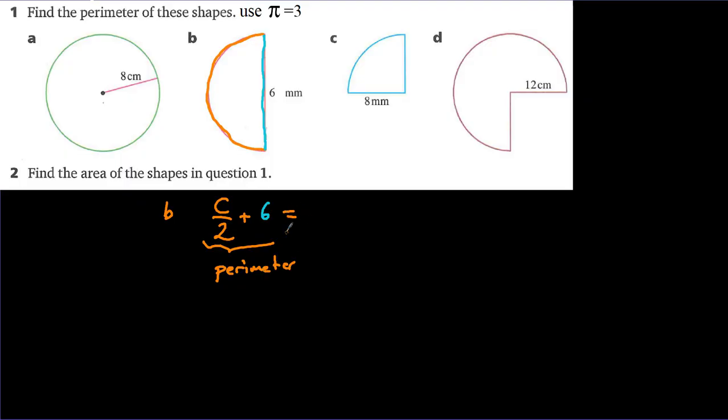Circumference is 2 pi r, over 2, plus 6.